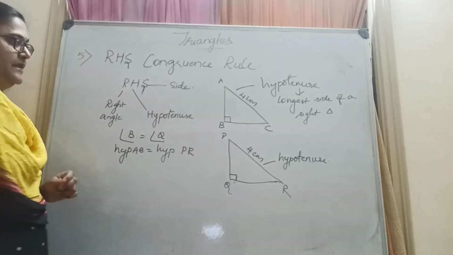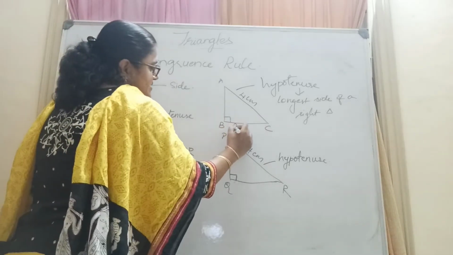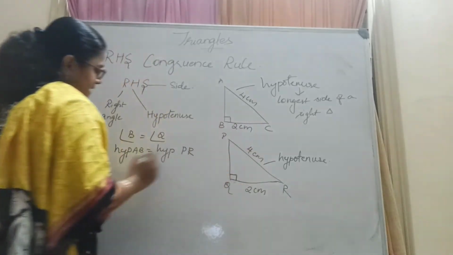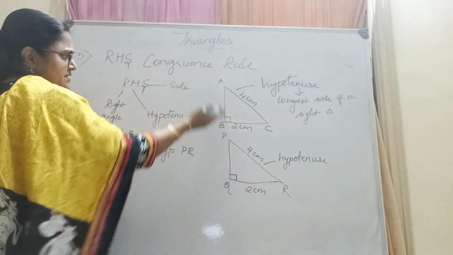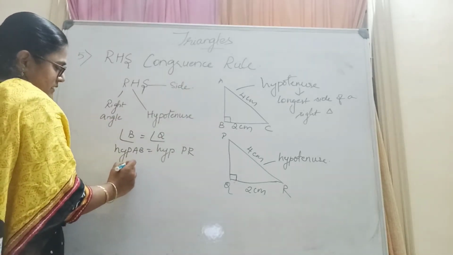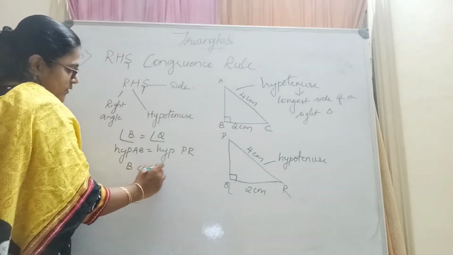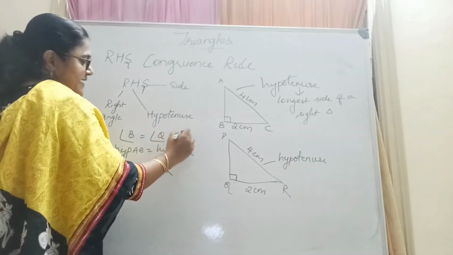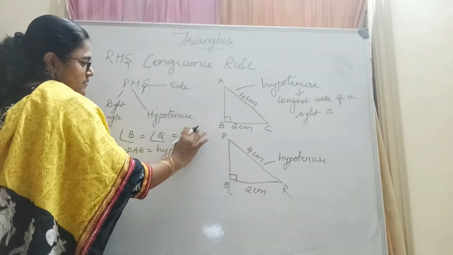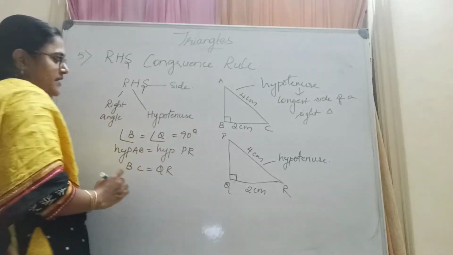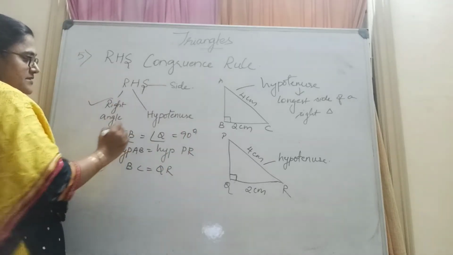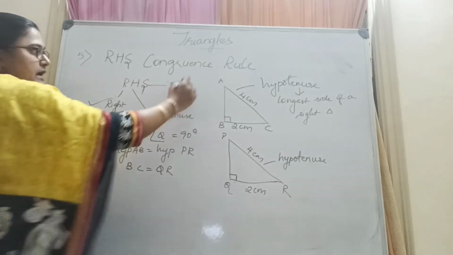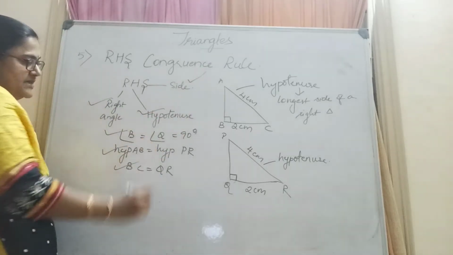Then say if my base is 2 centimeters, here also 2 centimeters. Base BC, or any side, I can even take this side also. BC is equal to QR. So the right angle, that is 90 degrees, is satisfied. Hypotenuse from both the triangles are equal and any one side from both the triangles are equal.